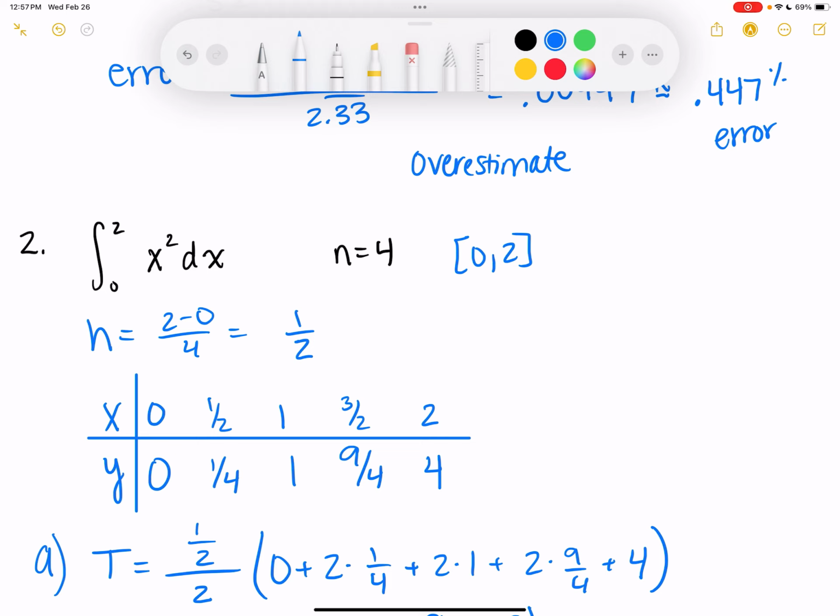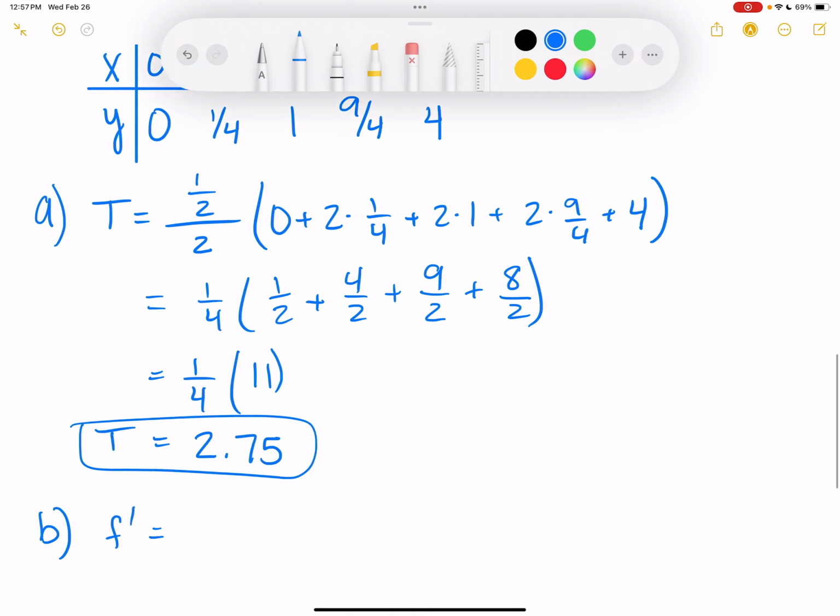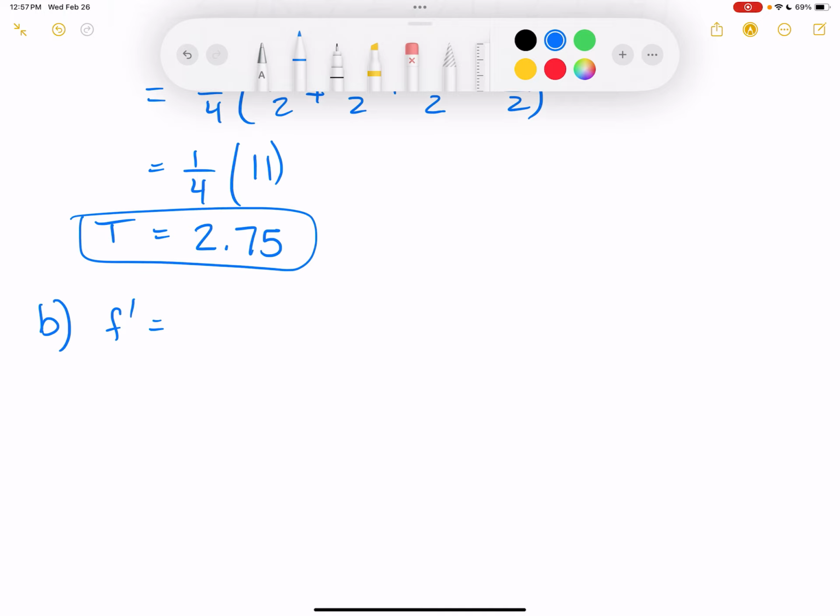Am I doing it normal or is it that thing where I have to add the 1? It's the derivative, not the antiderivative. Okay, just want to make sure I'm on the same page. And the second derivative is 2, which is greater than 0. So that means it's an overestimate.